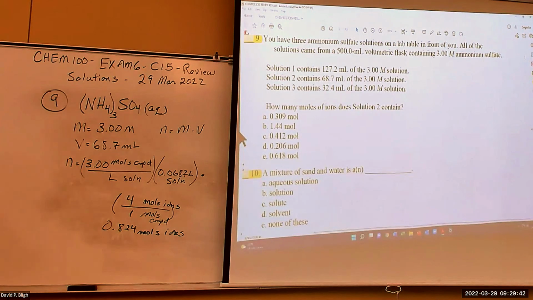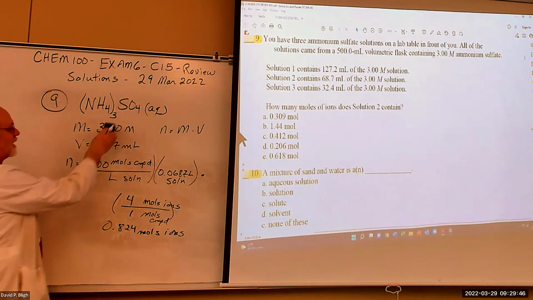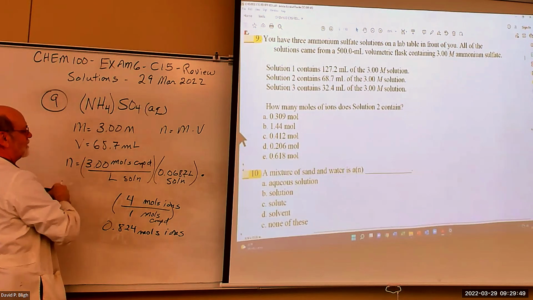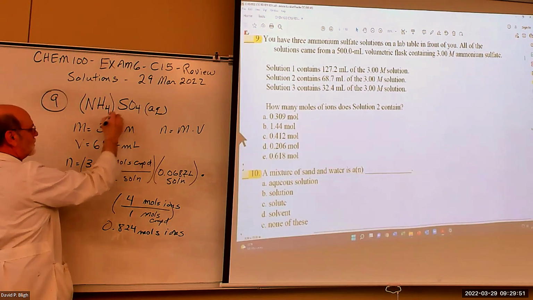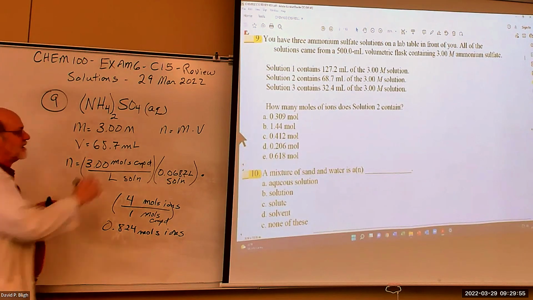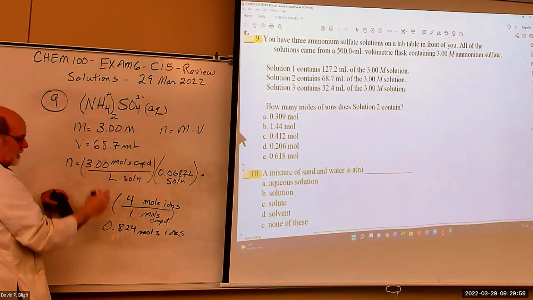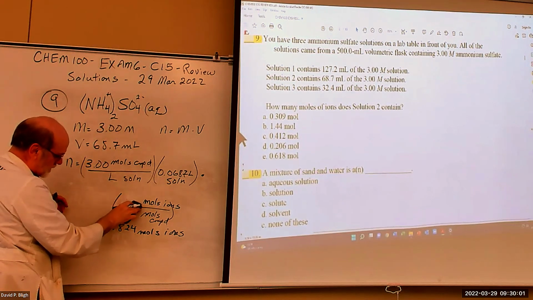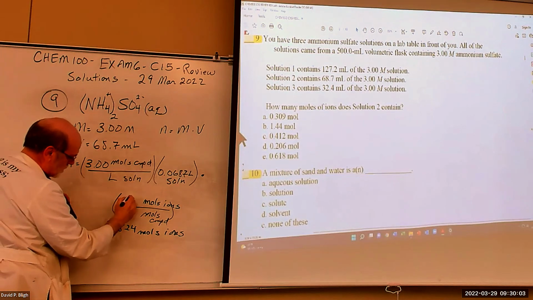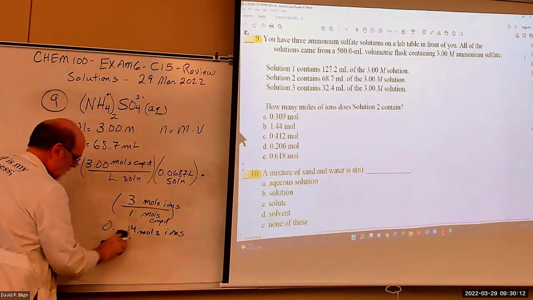Is my formula wrong? My formula's wrong. Got it. I looked at sulfate and thought phosphate. This is a 2 minus charge. This is a 1 plus charge. That means 2. So this has to be 3. Point 618.